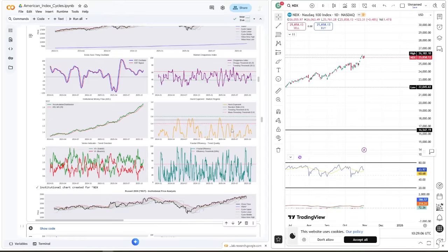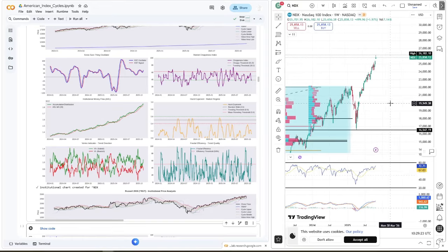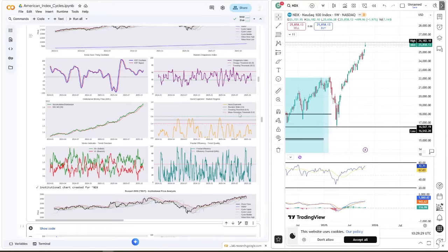In this case, we see that the Hurst exponent, this yellow line, is below 0.2. What that means is that even though the market is going up, the price action would warrant a mean reversion threshold.